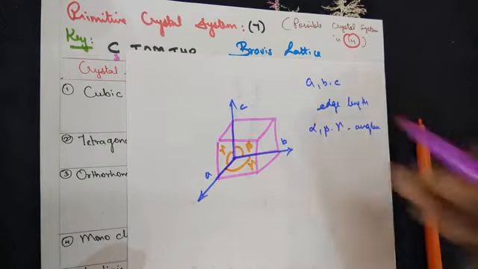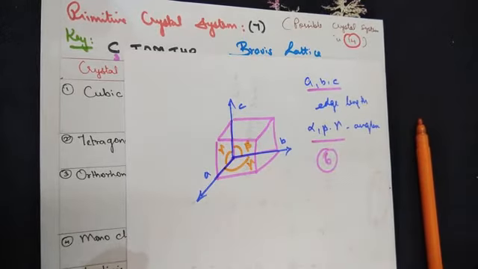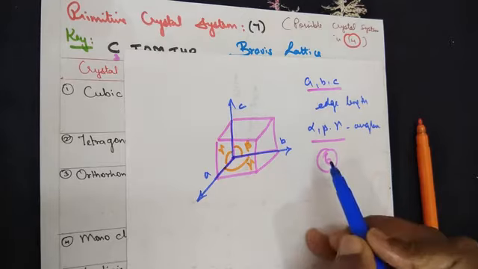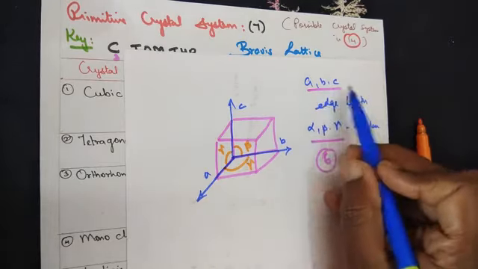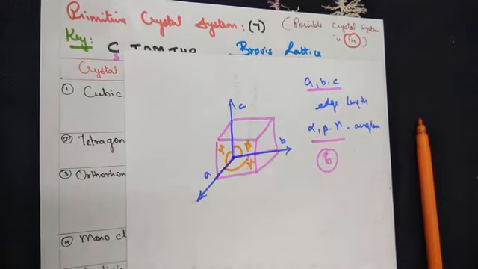Together, 3 plus 3, 6 parameters help us to study further about any type of crystal. So once again I am repeating, a crystal lattice is made up of unit cells. The unit cell has 6 parameters which provide us information to know about the structure, its combination or its property. What are those 6 parameters? 3 edges, that is a, b, c, and alpha, beta, gamma, the angles between the edges.